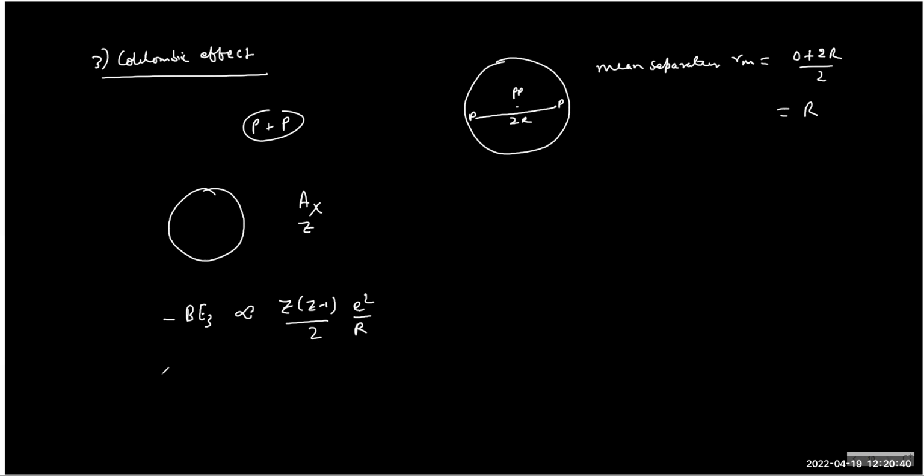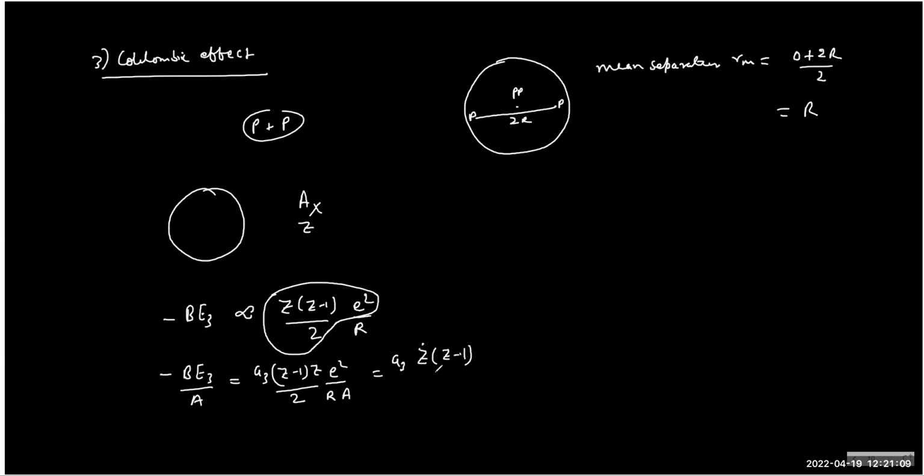And therefore, the binding energy per nucleon turns out to be some constant that we call A3, with Z into Z minus 1 by 2 into E square by R, where R we can write as A power 1 by 3.